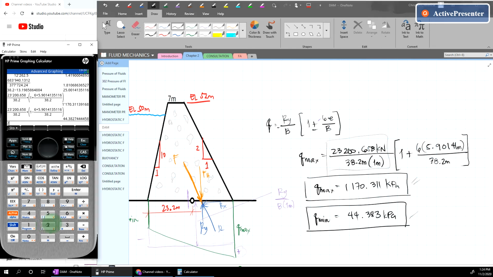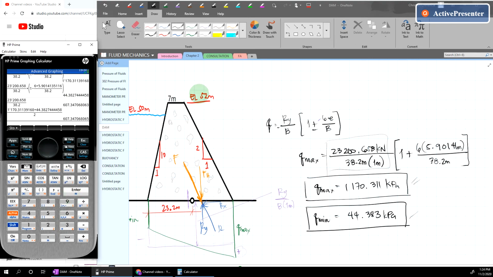So, yung 23,200.658 divided by 38.2 by 1. So, 607. So, kung i-average naman natin to, plus this, then over 2. Ayan, so pareho lang dapat.